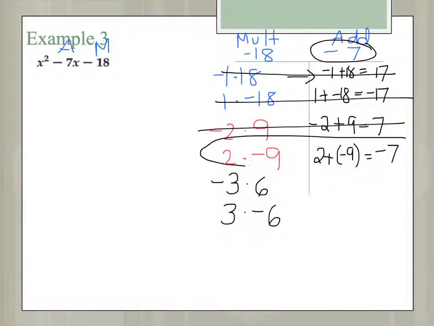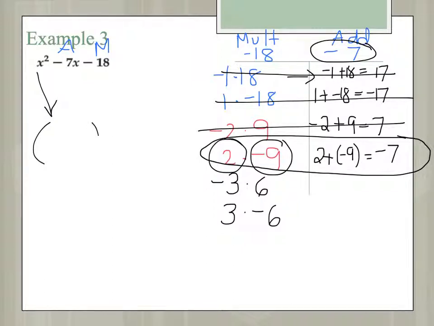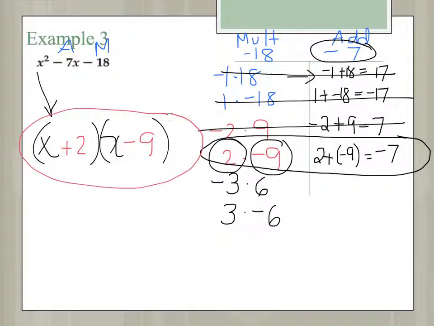So I can stop here and know that my two factors are 2 and negative 9. I split my x up, and I have an x and an x, and now I just put plus 2 and negative 9, and that is my final answer.